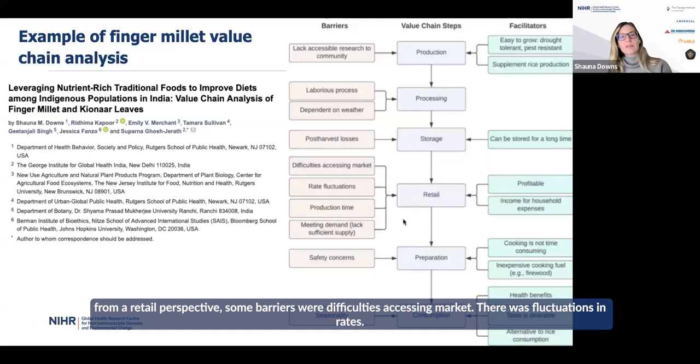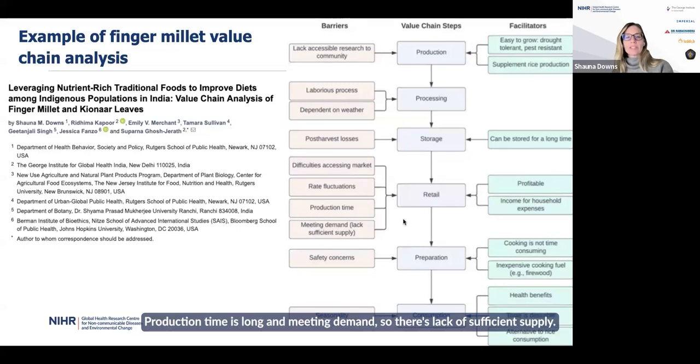From a retail perspective, some barriers were difficulties accessing market. There were fluctuations in rates. Production time is long and meeting demand, so there's lack of sufficient supply. But then some of the facilitators included things like it was profitable, it increased income for households so that they could spend it on other expenses.